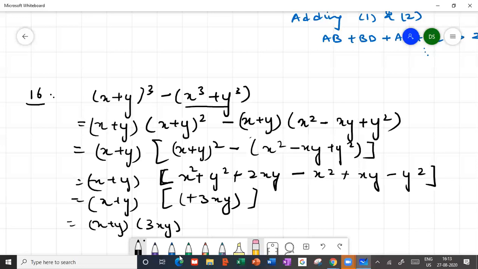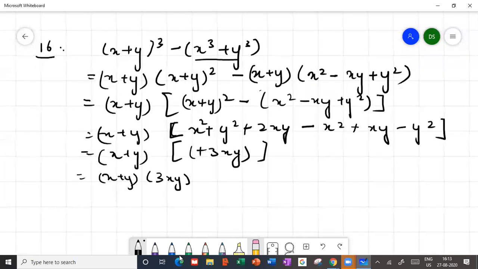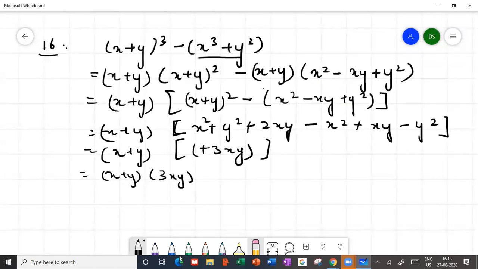Miss, then will (x plus y) whole be a factor, or will x and y be a factor? You have to write now that the factors are x plus y and 3xy. You can just leave it at this step. Actually, you can't really say whether x will be a factor or y will be a factor because there is no variable equation, right?